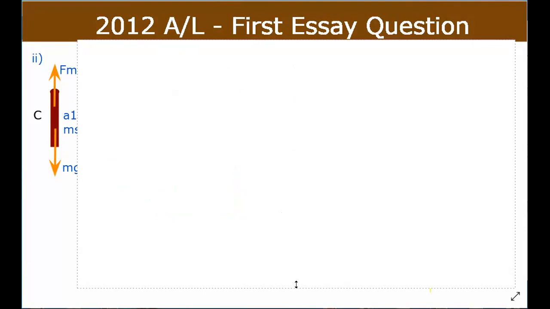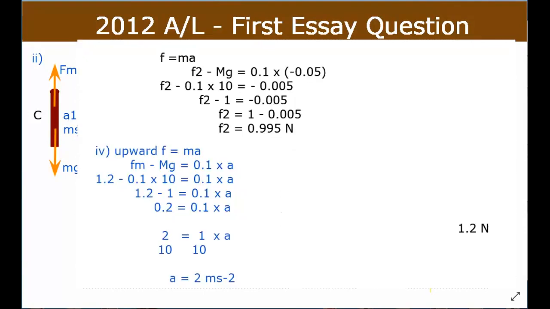So it's so simple. Yes, V equals U plus at. Very good. To the upward direction, apply V equals U plus at. It starts from rest, so initial velocity is 0. Acceleration, we found it as 2. Time taken, they have given as 0.5.